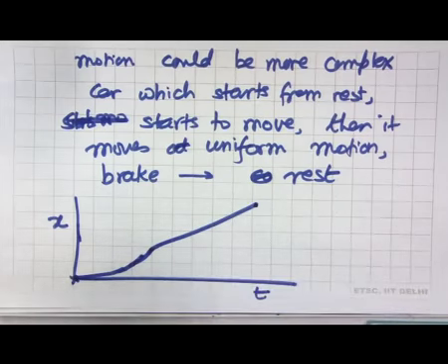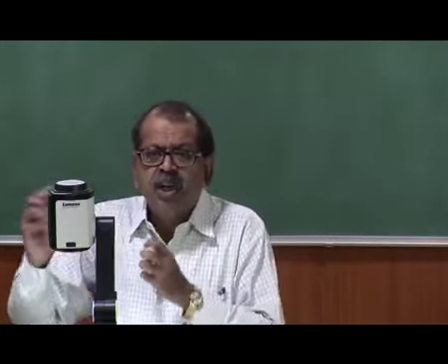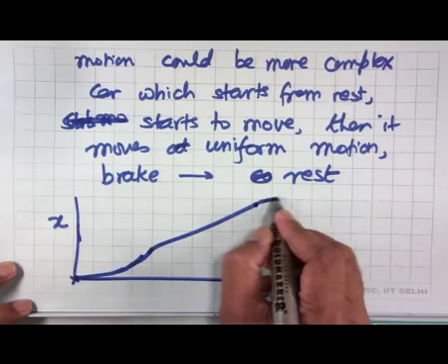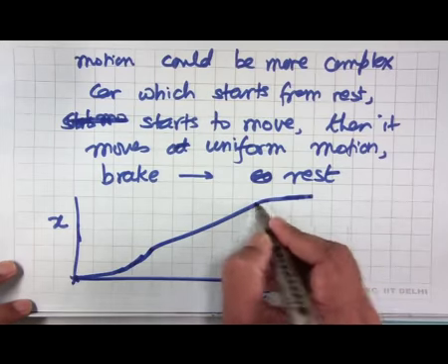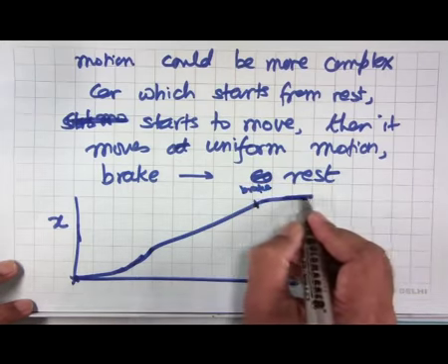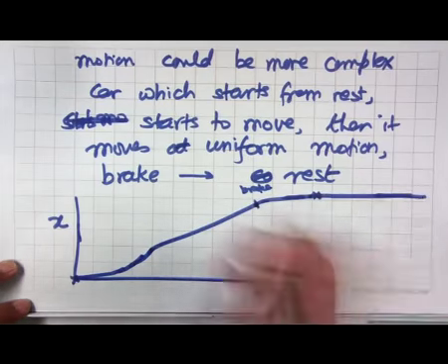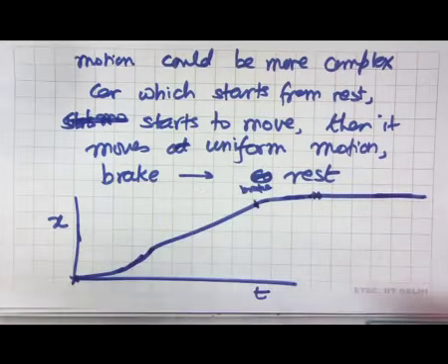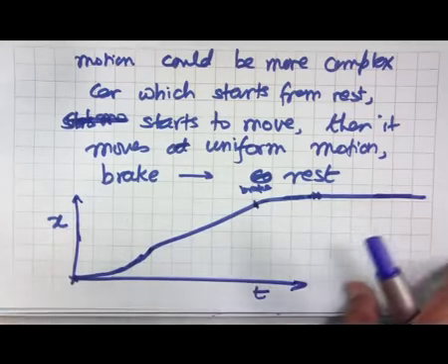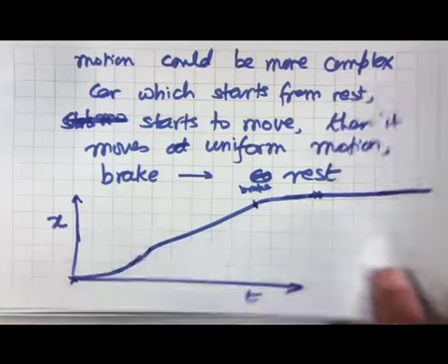If a brake is applied, the car will move slowly now as compared to the previous state and eventually comes to rest, but its x component will keep on increasing. So, when we apply a brake here, what we find is the car slows down, but it continues to move ahead. After some time when it is at rest, then the x component or the displacement will not change with time, and this is how the x t curve for a car which is starting and then moves on along uniform motion and then when it has come to rest looks like this.